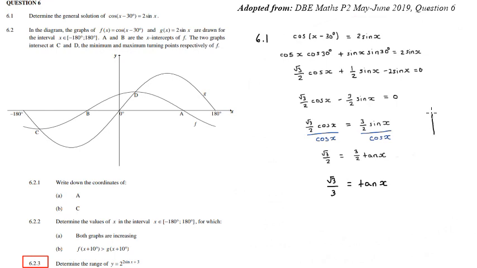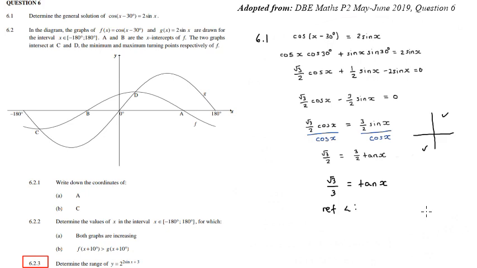So let's draw up our CAST diagram. We know that tan is positive in the first quadrant and in the third quadrant, which means we're going to have a solution in the first quadrant and a solution in the third quadrant. The solution in the first quadrant is going to be the reference angle plus k 180. So let's get the reference angle.